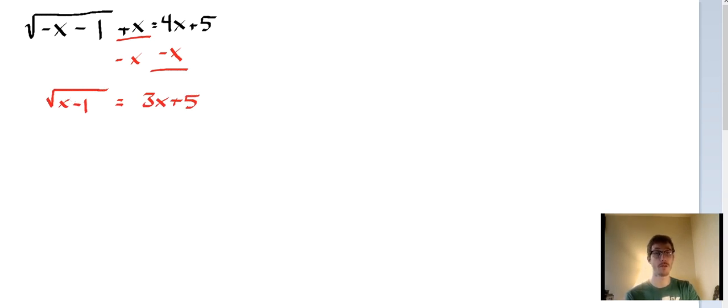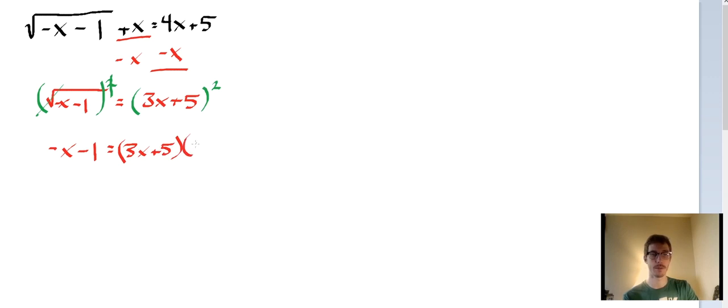And we can't do much moving forward from here until we get rid of the square root. So what I'm going to do is square both sides. That way these cancel. I'm left with, whoops, that was a minus x. I'm left with a minus x minus 1 is equal to 3x plus 5 times 3x plus 5.